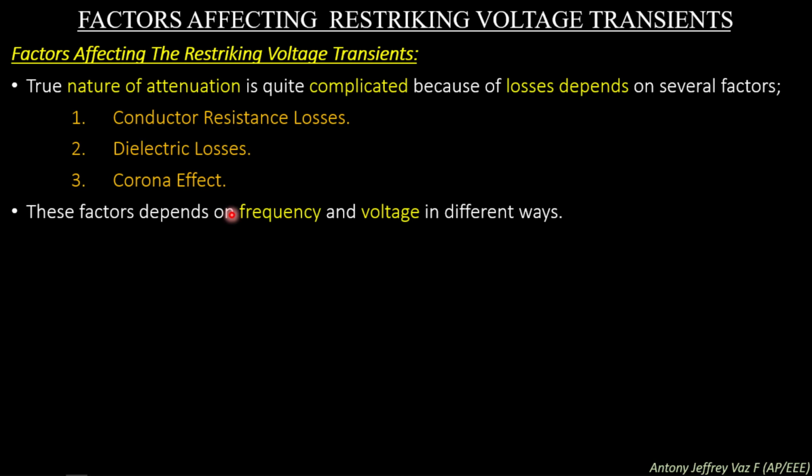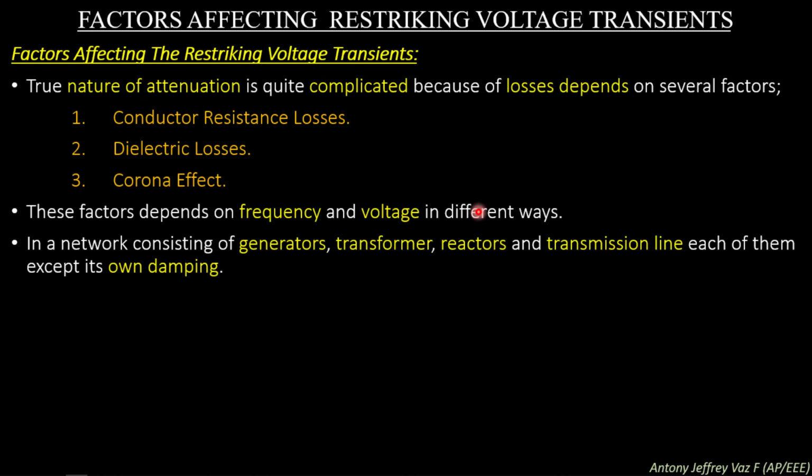These factors depend on frequency and voltage in different ways. In a network consisting of generators, transformers, reactors, and a transmission line, each of them exhibits its own damping characteristics.